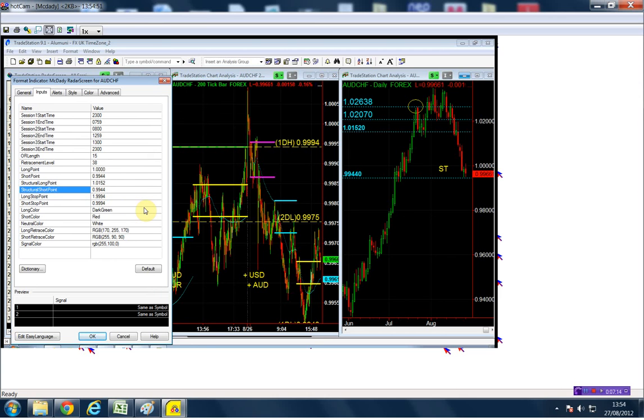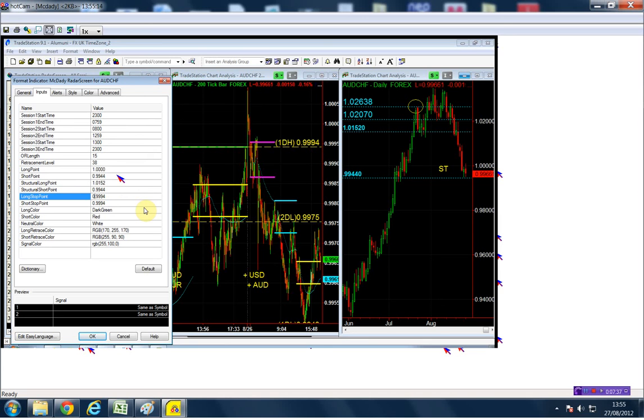Okay, so we're buying above the figure, and if I do, I have a structure long point at 101.52, so you got 150 pips away from that. And your stop is going to be 99.94, so we're just risking about 10 pips on that trade.